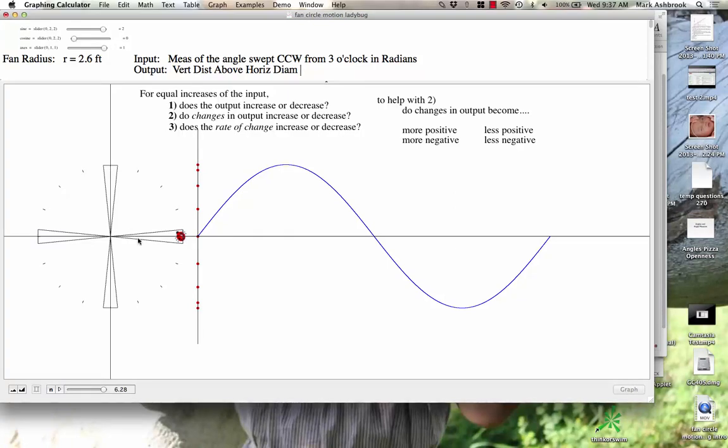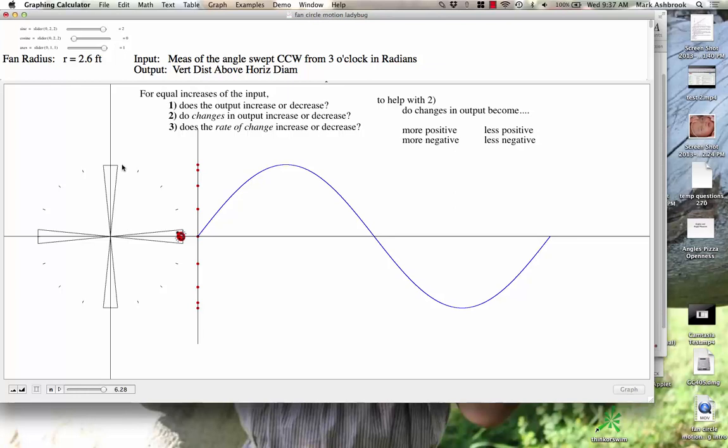No, that's the angle. The maximum vertical distance. One whole radius. You can't go any higher on a circle than one whole radius above.